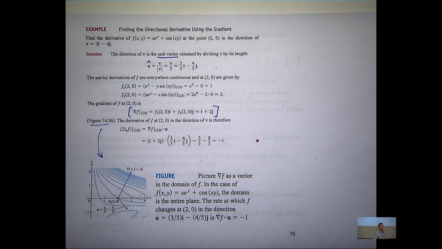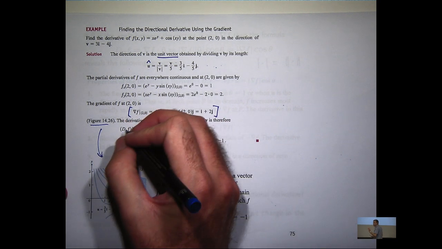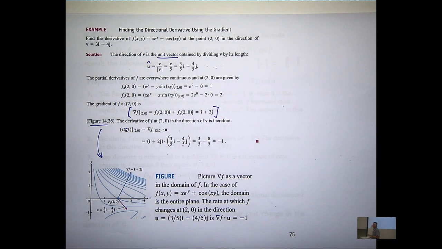Using the del notation, our directional derivative is just the dot product of the gradient with the unit vector. So I calculate that and I come up with a value. Now let's think about it. What does this value mean? I've got -1. Let's try to interpret the answer.